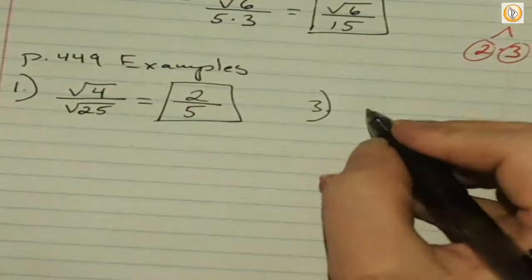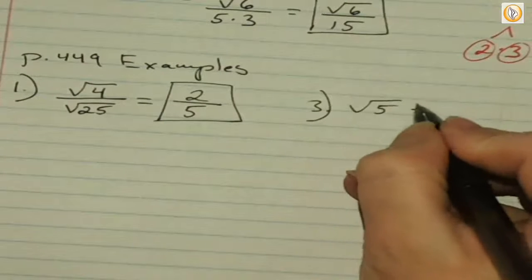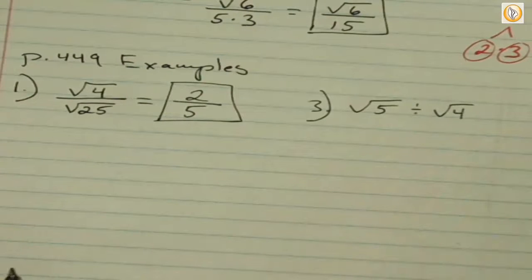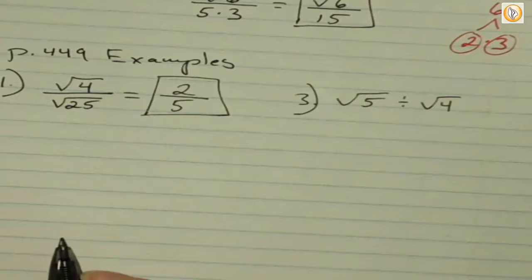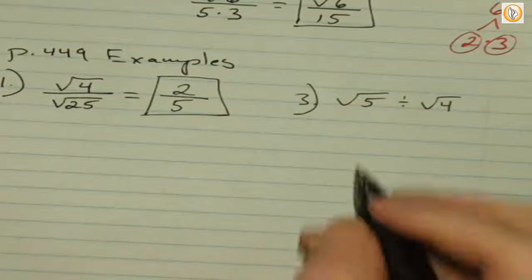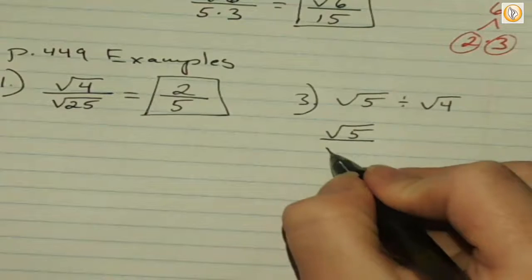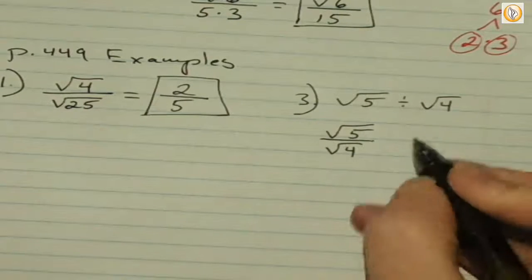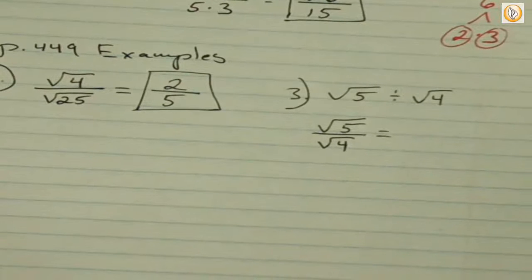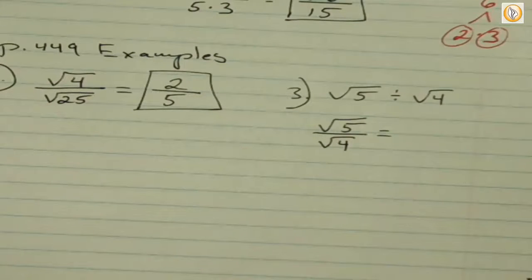Number 3. Square root of 5 divided by square root of 4. Michaela, first thing we do is rewrite this as a fraction, right? So we have the square root of 5 divided by the square root of 4. All right, what do you notice? Just take a look at it first.